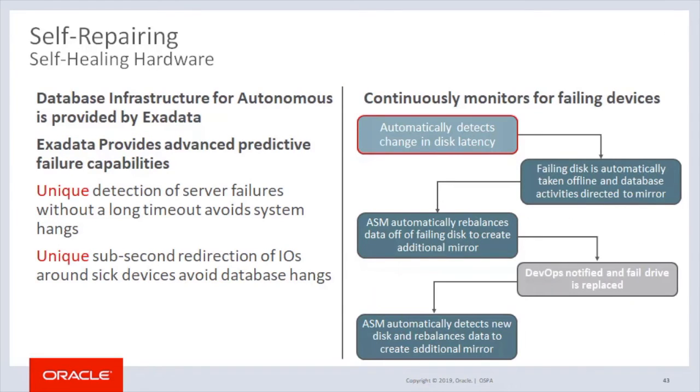Exadata not only continuously monitors for failing devices, it also provides redundant database servers that provide active, highly available clustered servers, hot swappable power supplies and fans, redundant power distribution units, redundant storage grids that provide data mirrored across storage servers, redundant non-blocking I/O paths, and redundant networks that include redundant IB connections and switches.